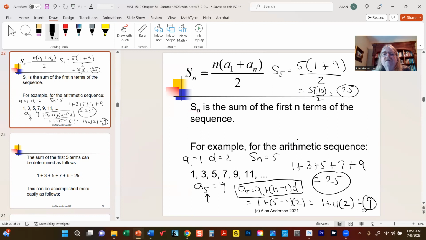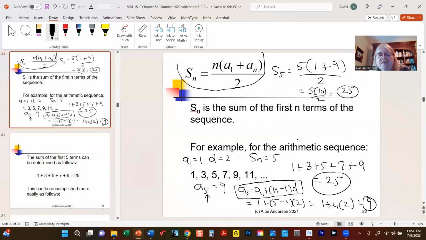Once we have the nth term, then we can come back up here and just plug everything in. So we've got 5 for n because we're looking for the sum of the first 5 terms. 1 is this A1, 9 is A5. We divide by 2, and you'll see that it's 25. And you can double check that, of course, just by adding them up directly, and you'll end up with 25.